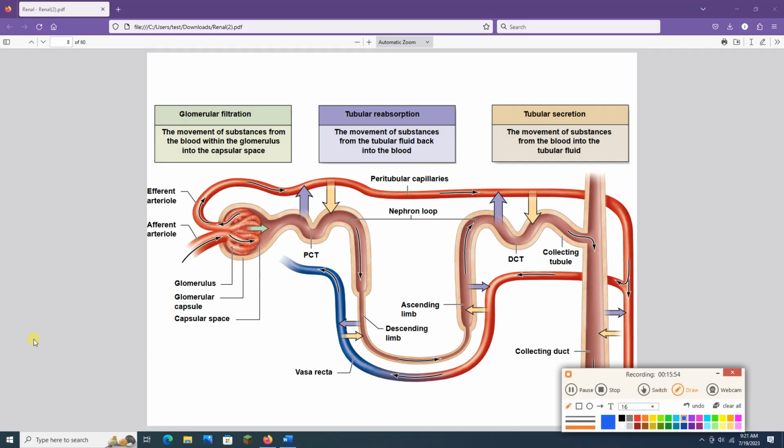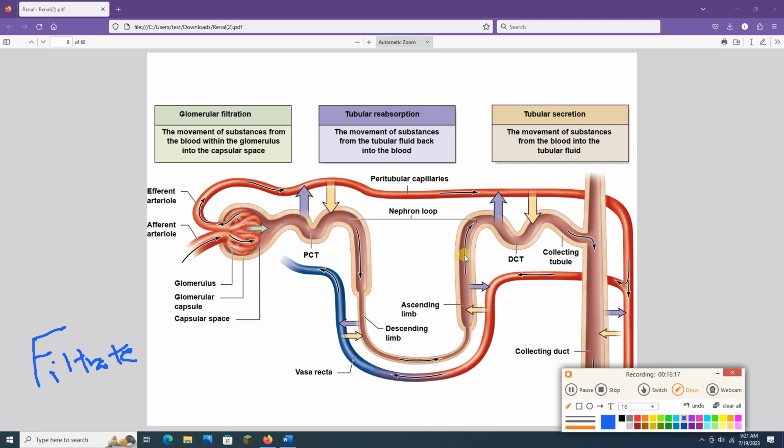The liquid actually has a name. The liquid that we make when we filter blood is appropriately called, what a great name, the filtrate, because it just got filtered. The filtrate is going to flow through these tubes. They're named in this picture, but we won't worry about their names just yet.